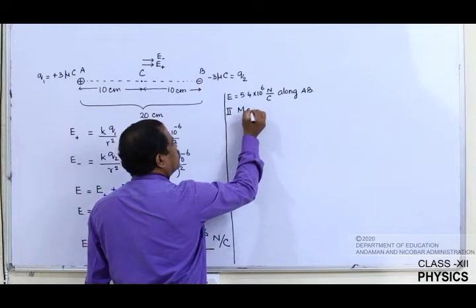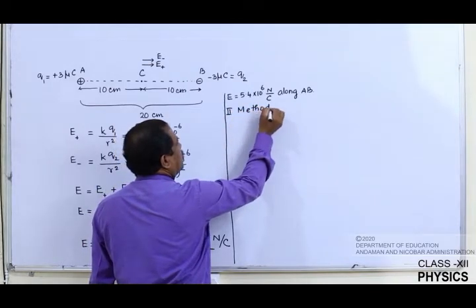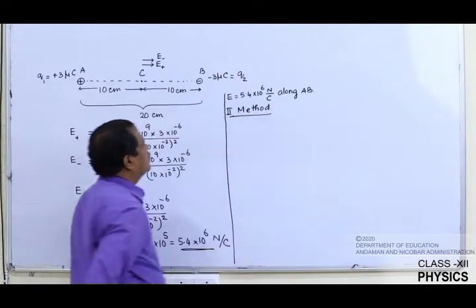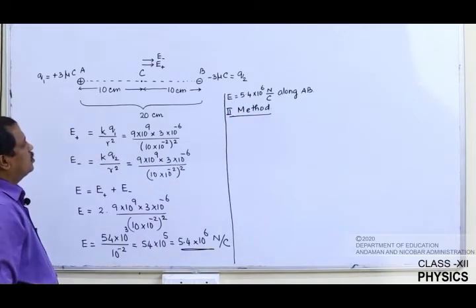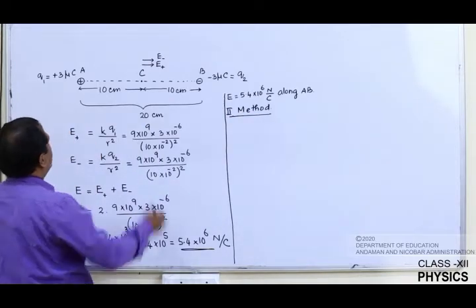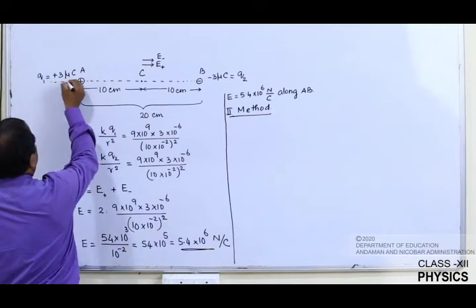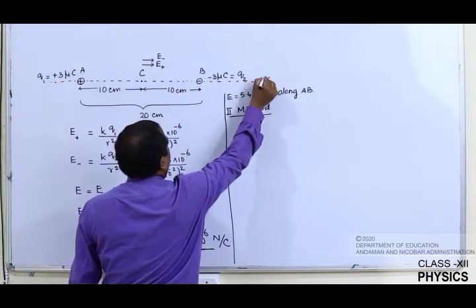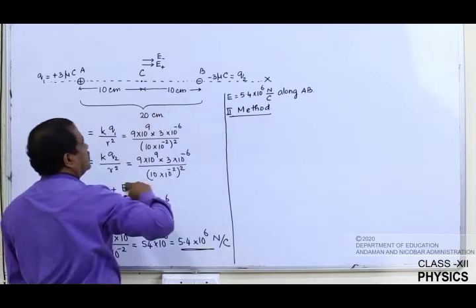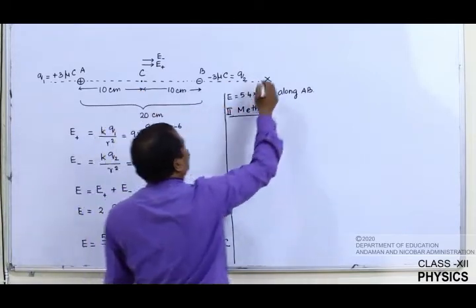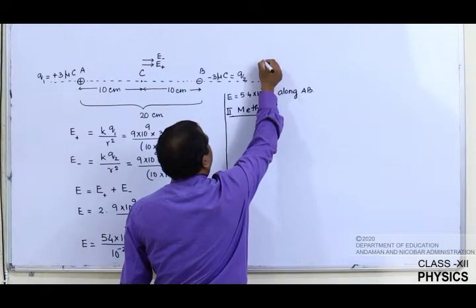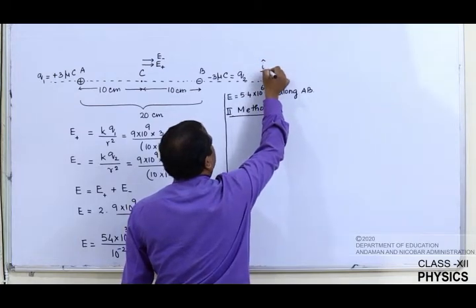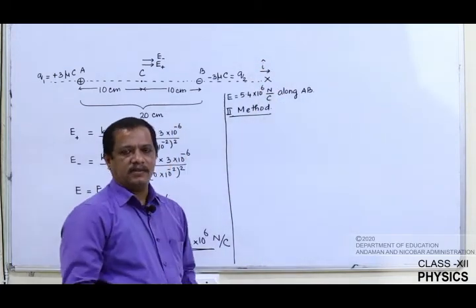I am going to use the vector method to calculate the electric field. So to use the vector method, I am going to consider the line joining the two charges as the x-axis for me. If this is the x-axis, we are familiar that using the unit vector i, we can represent the direction along the x-axis this way.